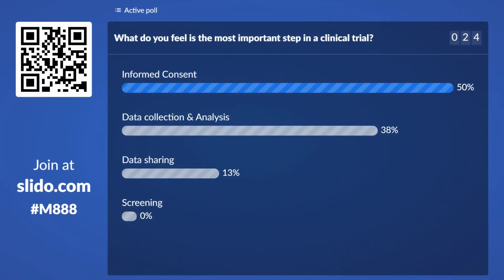The second question was asked during the e-consent presentation with Hernando and Despina, and they asked, what do you feel is the most important step in a clinical trial? And as we can see, just over half of respondents agree that informed consent is the most important step in the clinical trial, with data collection and analysis following, and data sharing following that.